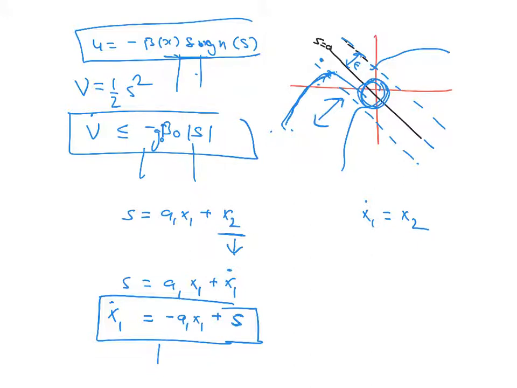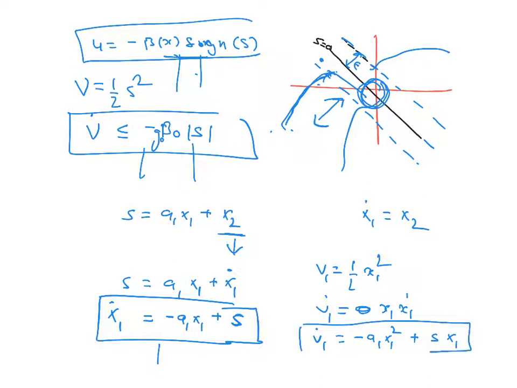So that's good. Now let's plug it into V1 dot. V1 equals half x1 squared, so V1 dot is x1 times x1 dot, and plugging that in, V1 dot becomes minus a1 x1 squared plus s x1.